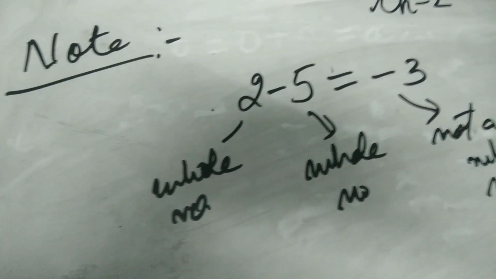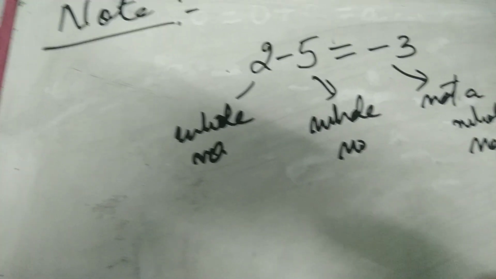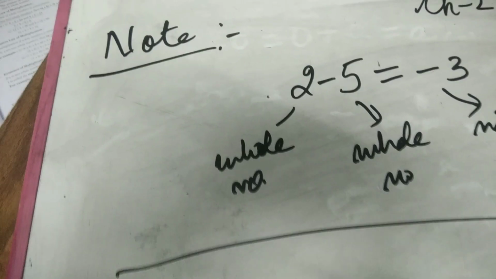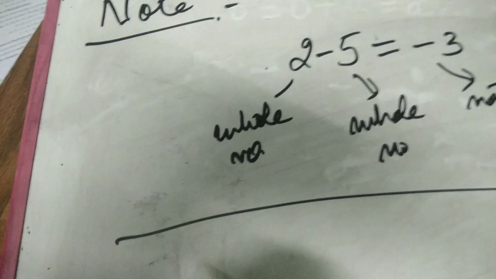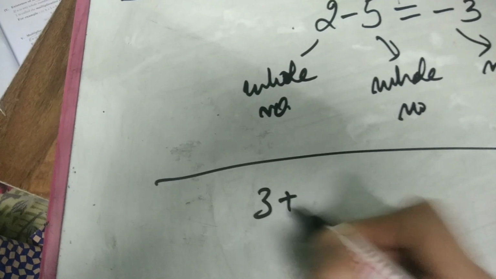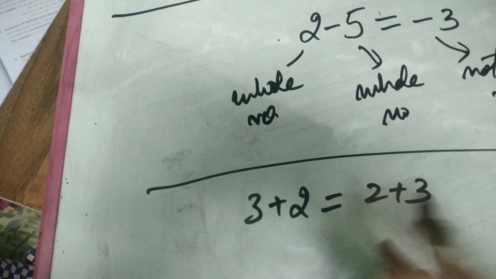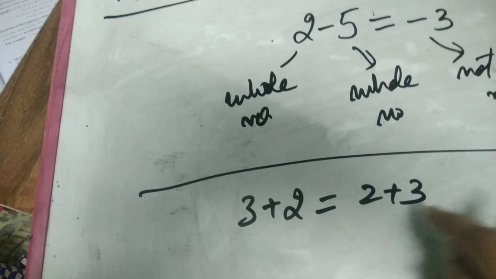Now after this we have: subtraction of whole numbers is neither commutative nor associative. Now just remember what the commutative law was. In the commutative law, just like we were adding 2 numbers, for example, 3 plus 2 is equal to 2 plus 3. We have changed the order, but the answer is the same.